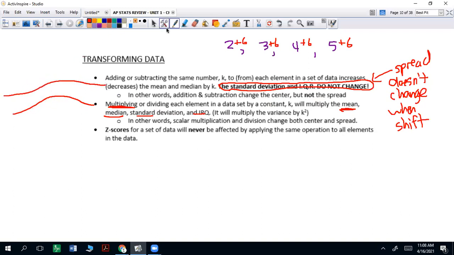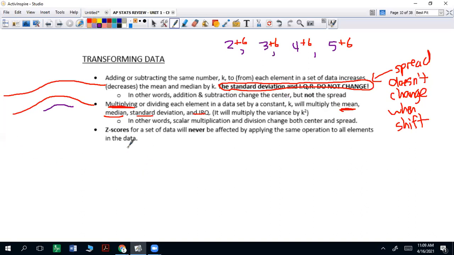If it's multiplied by a number smaller than 1, it's going to be a smaller spread. So that will change the spread depending on what you multiply it by, okay? It'll actually multiply the variance by k-squared, but that's not super important right now. Just know that multiplying numbers will increase or decrease the spread as well as the location.